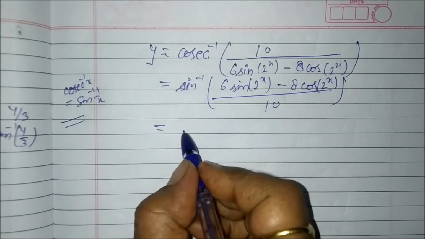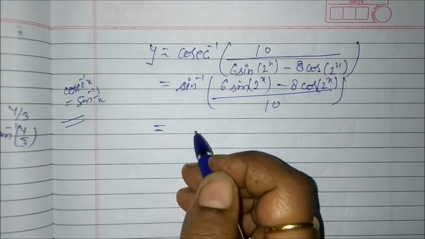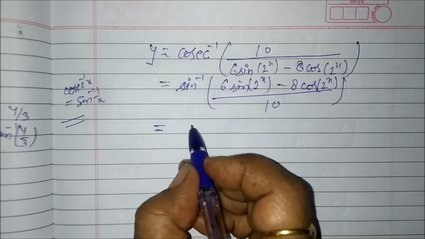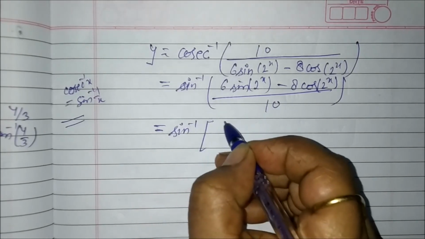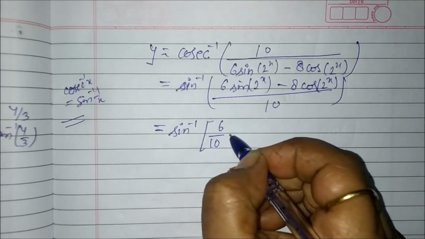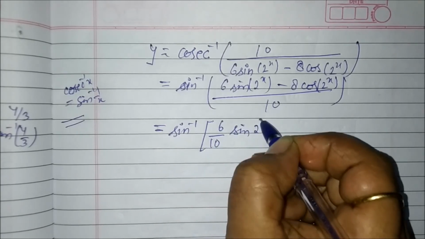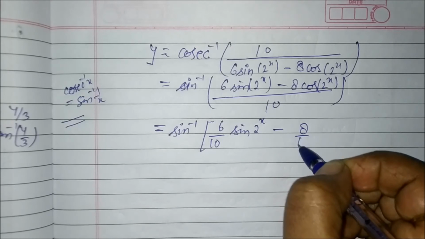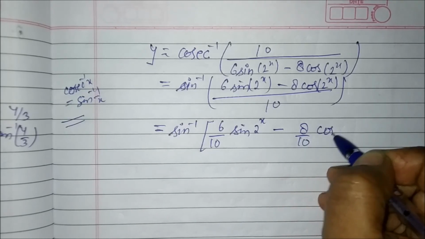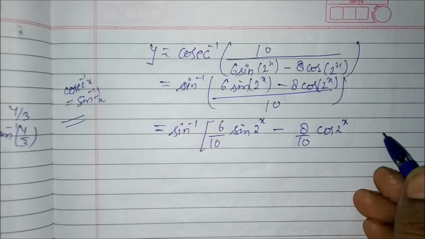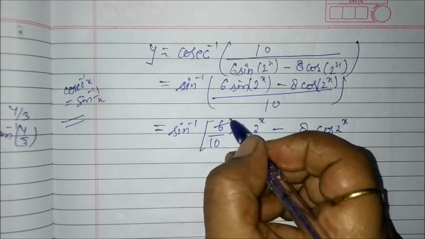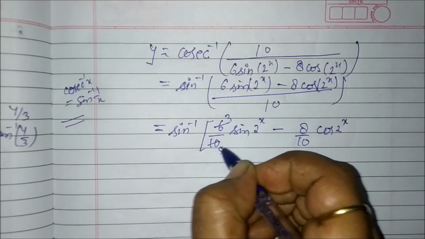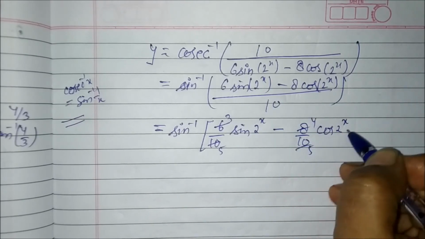Now continuing in the way we have done in earlier questions, we write sin inverse of 6 by 10 sin 2 raised to x minus 8 by 10 cos 2 raised to x. This is 3 by 5, this is 4 by 5.